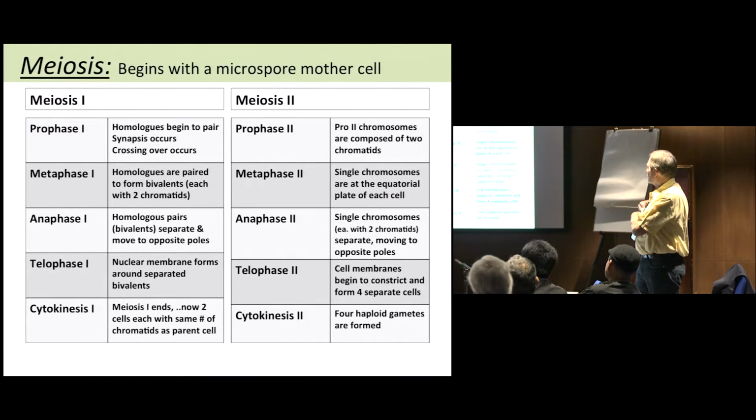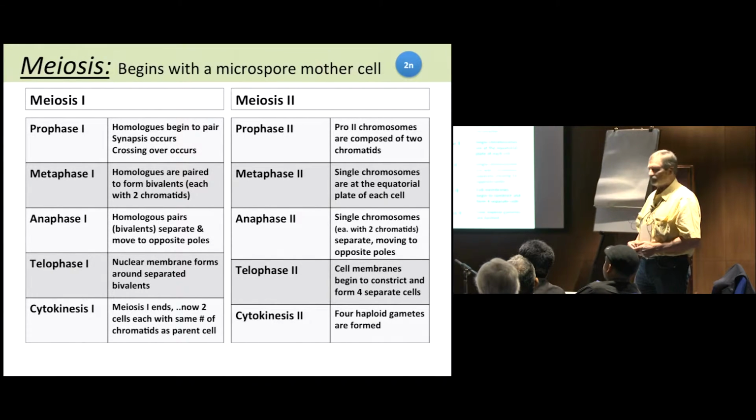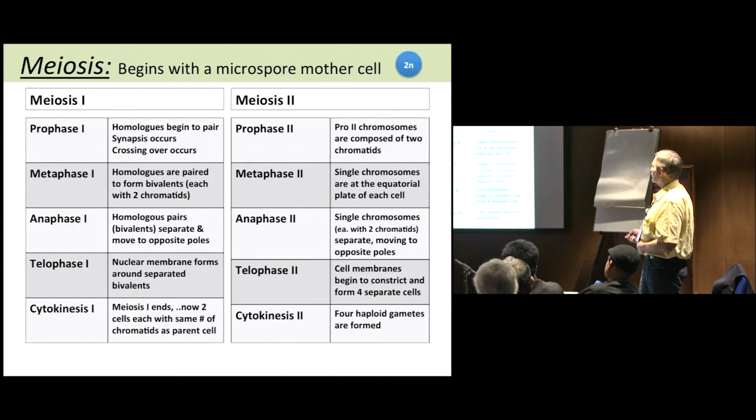So meiosis begins with a microspore mother cell, a diploid cell, and it begins meiosis 1 in the prophase stage, where homologous chromosomes begin to pair, synapsis occurs, and crossing over occurs. Those are the events that decide on how genes are transmitted, which genes are transmitted and in which ratios.